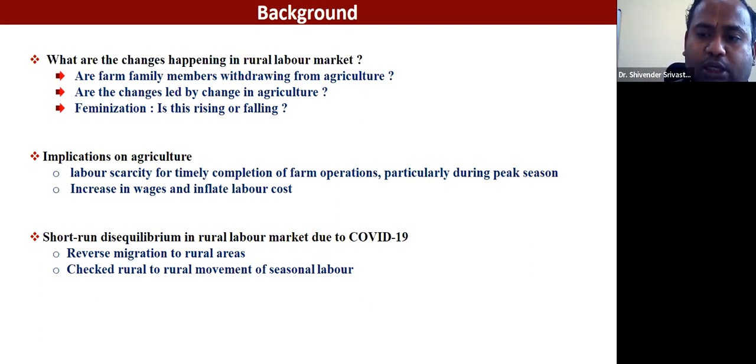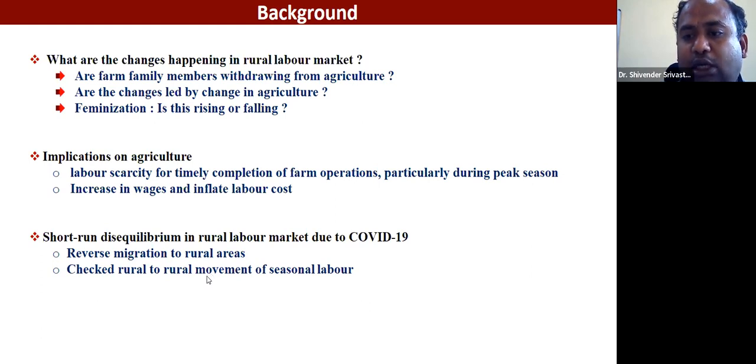So, can we do a study or analyze whether there was a short run disequilibrium in the labor market due to the reverse migration to rural areas, and due to the rural to rural movement of seasonal labor? What does rural to rural movement mean?